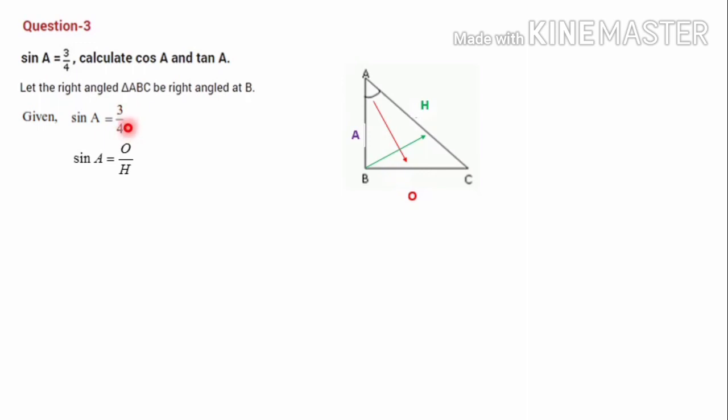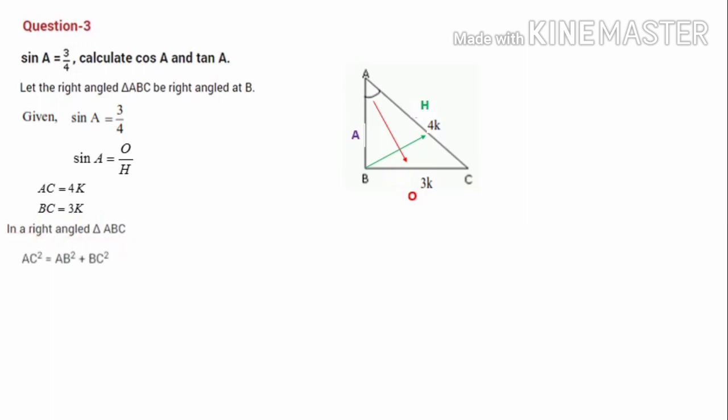So we have to write it as 3k and 4k, meaning a multiple of 3 and a multiple of 4, because we have to write the general form when we write the length. So O we mark as 3k and H we mark as 4k. Then AC is 4k and BC is 3k.